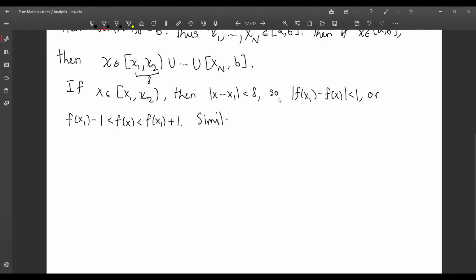Similarly, if x is in x2 to x3, then f of x2 minus 1 is less than f of x is less than f of x2 plus 1.